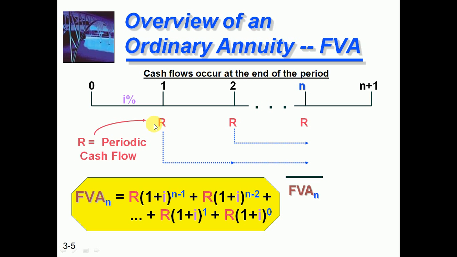This R represents the annual payment. Now, we made the first $1,000 payment here, the second $1,000 payment here, and the fourth $1,000 payment here. And then we will calculate the future value of this annuity.